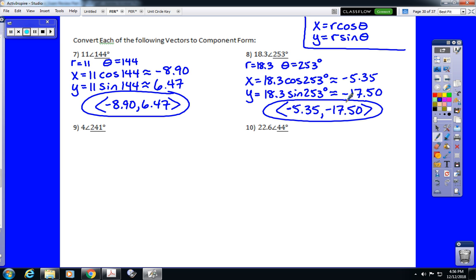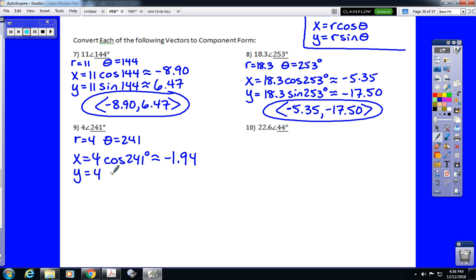On number 9, r is 4. Theta is 241. So x is 4 times the cosine of 241 degrees, which would be -1.94.